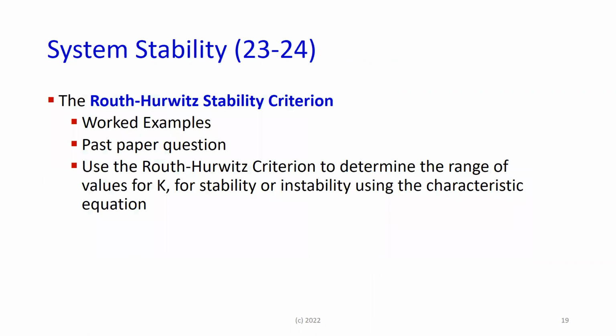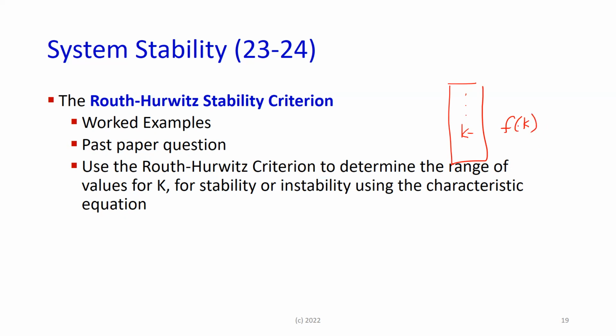And then a little variation that I showed you is that sometimes I could give you a characteristic equation, and inside of it there is an unknown variable called k. And if you work out the Routh-Hurwitz criterion, when you look at the first column of the table, you will have some numbers, and then some function that is a value of k.